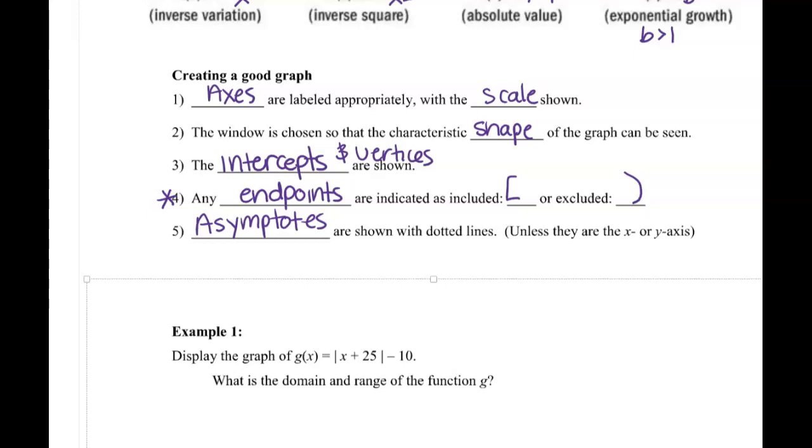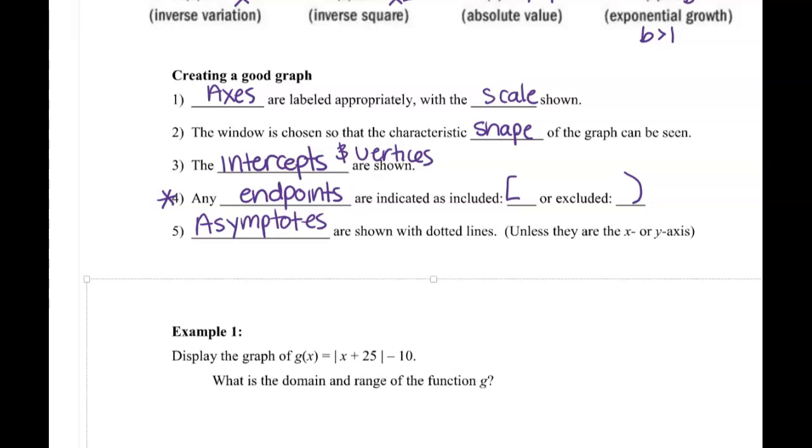Okay. Here's what we have. So for this first example, we have a graph of g of x equals absolute value of x plus 25 minus 10. What's the domain and range of the function?